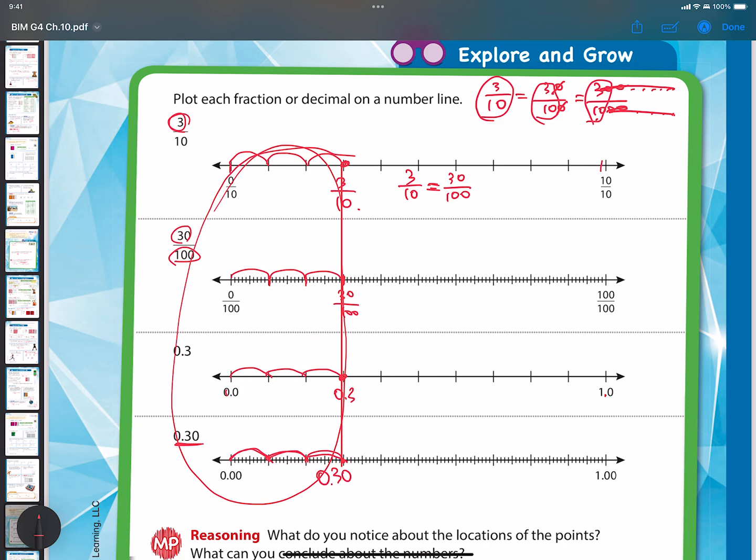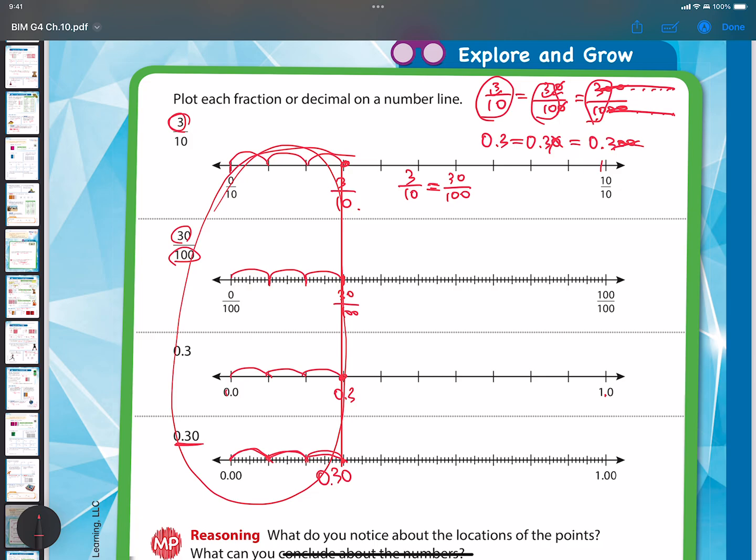So if it is not necessary, we are not putting zeros after the decimal. Because we know 0.3 is equal to what? 0.30 is equal to what? 0.300. So they are not needed after the decimal point.